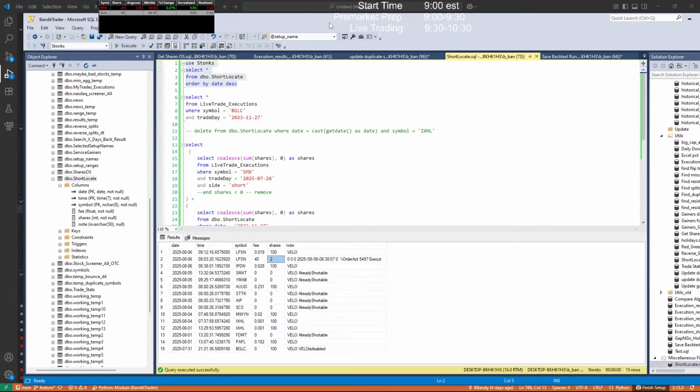Really strange. And you can see all these other ones I've tested worked fine, and the one I just ran worked fine too.